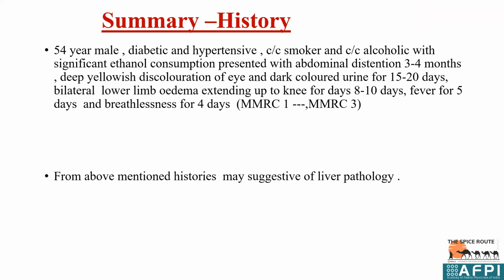After that, the patient developed gradual abdominal distension associated with deep yellowish discoloration of the eye and dark colored urine, along with bilateral lower limb edema, sir. The distension progressed from the abdomen to the lower limb and face. So most probably it is a liver pathology, and along with the alcoholic history and jaundice history, we can say it may be due to alcoholic liver disease.